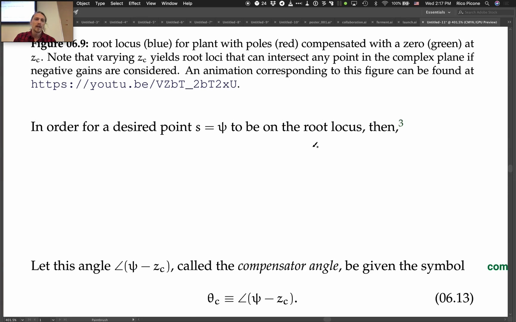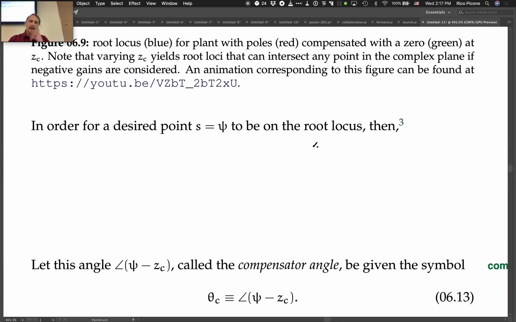Okay, so in order for a desired point s equals psi to be on the root locus, we have, get my notes here. Oh yeah, back of a page, that works. We have that the angle of G of psi, C of psi must be equal to pi. Okay.